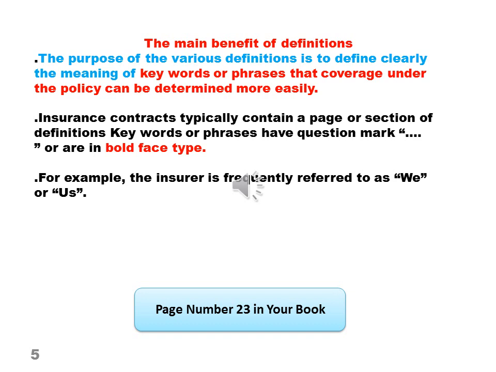These words are typically in bold face type. You must notice that. You must notice any bold face type in an insurance contract or in any ordinary contract.